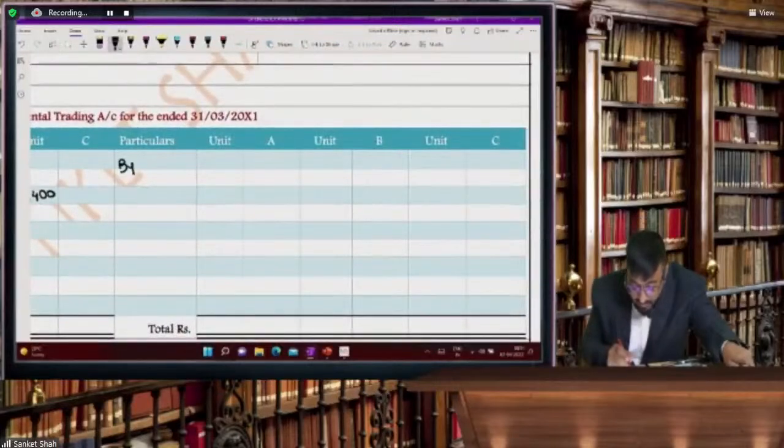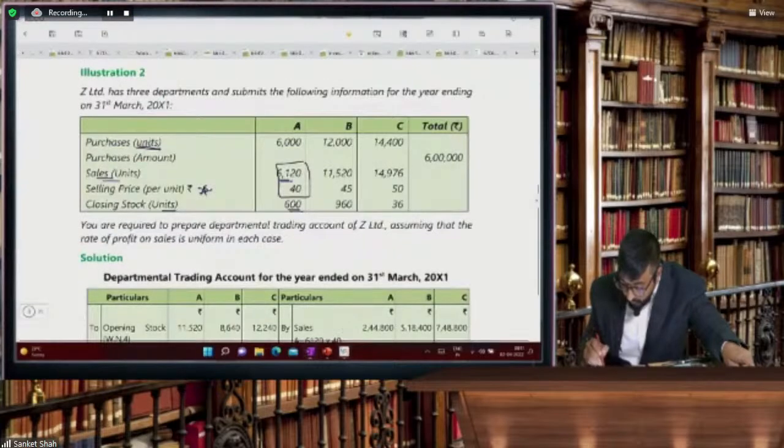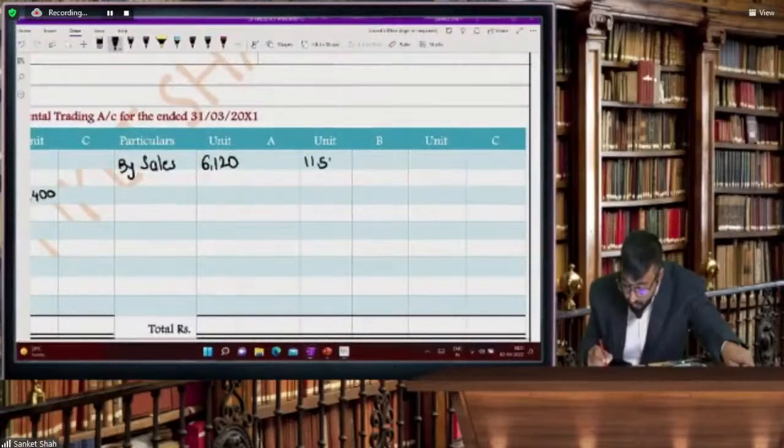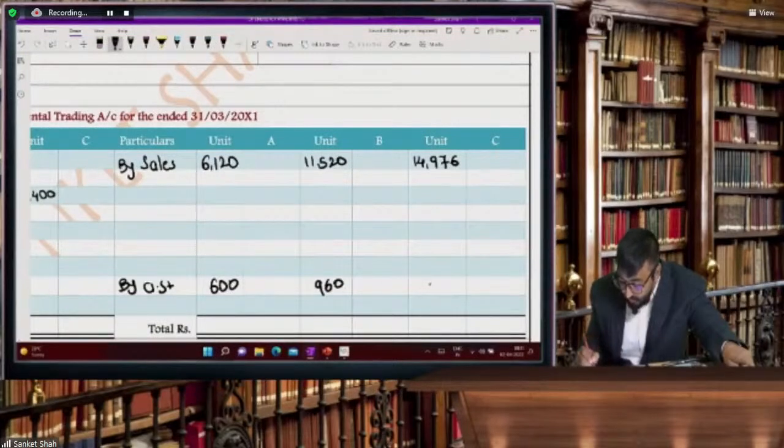And by sales, beta, units only. First units: 6120, 11520, 14,976. And what about closing stock, beta? 600 units, 960, 36. And 6120 into how much?